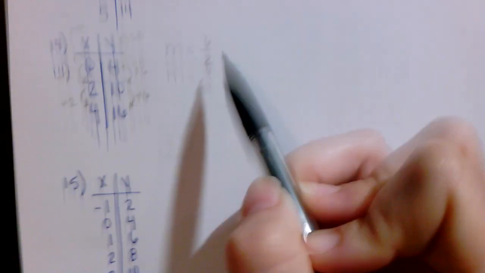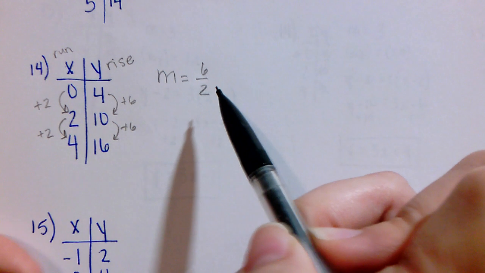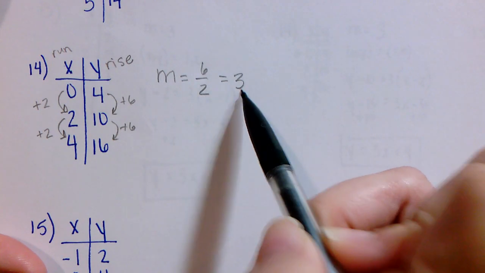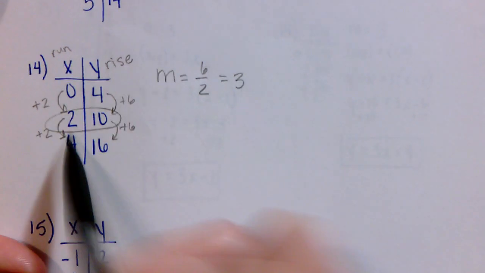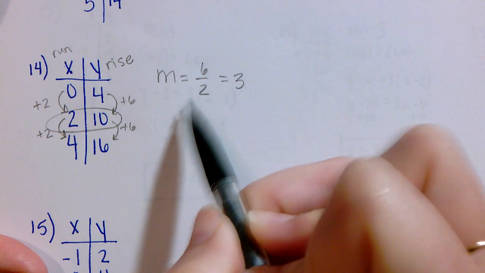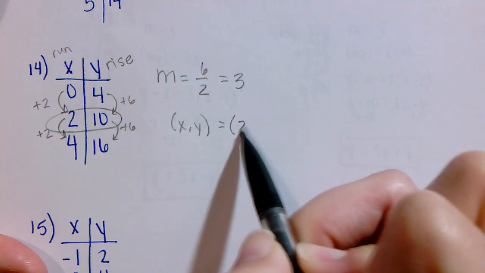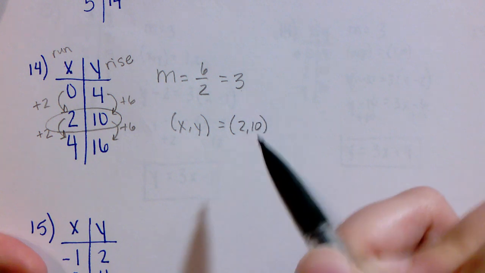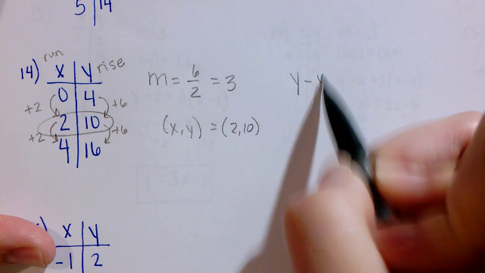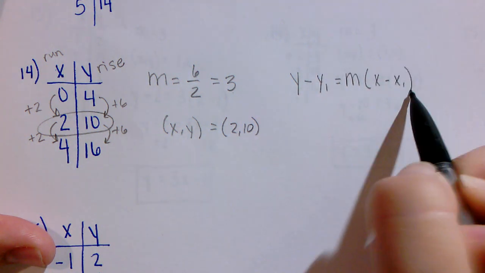Maybe if I zoom in, it'll do better. It's going to be 6/2, which is going to reduce down to 3. So I now know my slope, and I can just choose a point, plug it in. So if m is 3, I'm going to choose an x and a y of 2 and 10. That's the point I'm going to use. And I'm going to use point slope form. Point slope form is y minus y1 equals m times x minus x1.